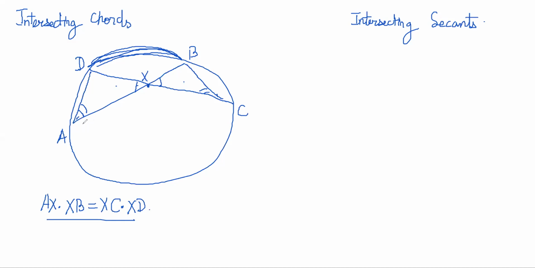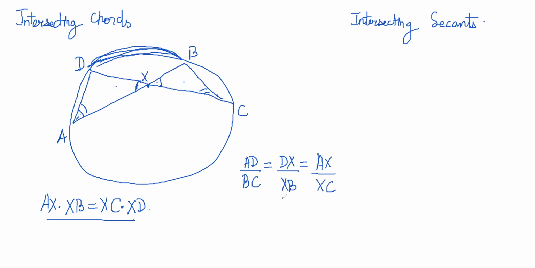So then you can get, what is the side opposite this angle? AD, and the side opposite this is BC. So the ratios are AD by BC is equal to opposite to this is DX by opposite to this is XB, and the third one opposite here is AX by XC, right?